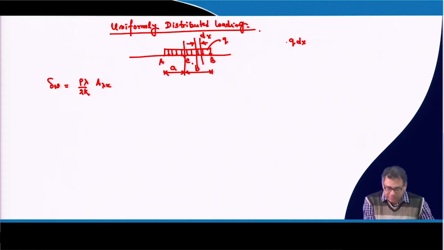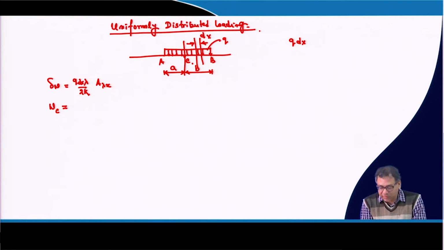This is the equation. Now, this P we have to replace by q into dx. Similarly, if I want to get the deflection at point C, W at point C, then what I have to do is integration.